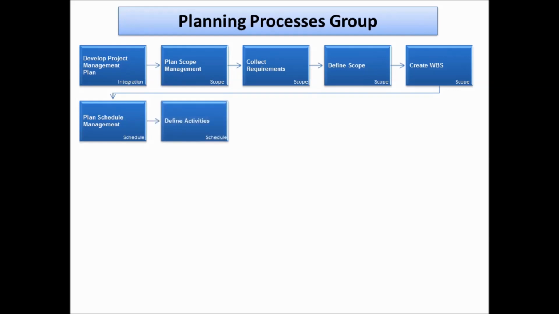Moving on to the next one, which is define activities. Now, please pay attention here. We had created the WBS earlier in scope management, right? And what was the bottommost component of the WBS? It was work packages. Now, here is where we define what activities are required to deliver those work packages. For example, in the same construction example that I took earlier, the work package was foundation, right?